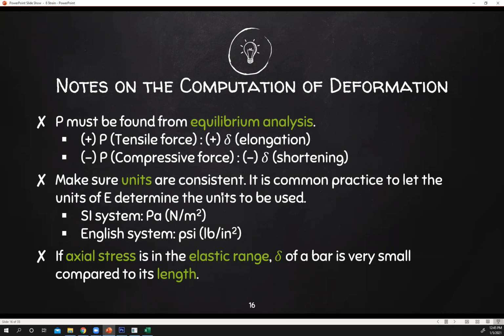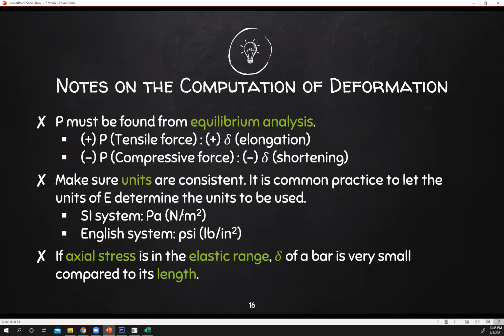Make sure units are consistent. It is common practice to let the units of E determine the units to be used. For example, for the SI system, E is in GPa, so 200 GPa is 200 times 10 raised to 9 Pa.